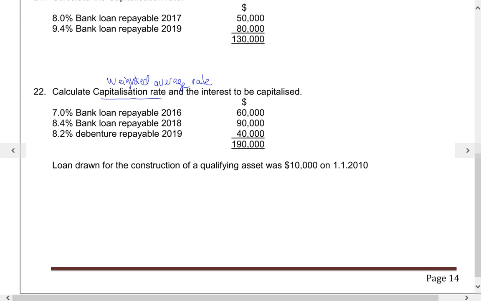Respectively, they are repayable in 2016, 18, 19. The loan was drawn for the construction of a qualifying asset. The definition is an asset that requires a substantial period of time to complete for its intended use or sale. So it's a qualifying asset, so the interest we can capitalize.